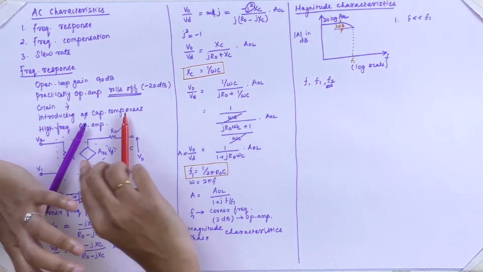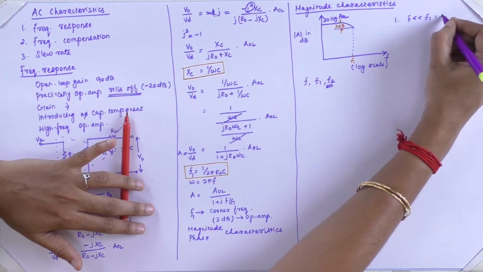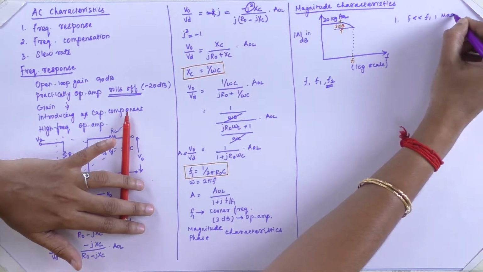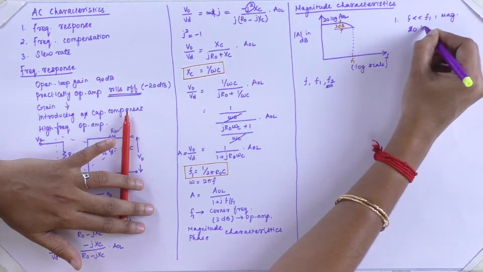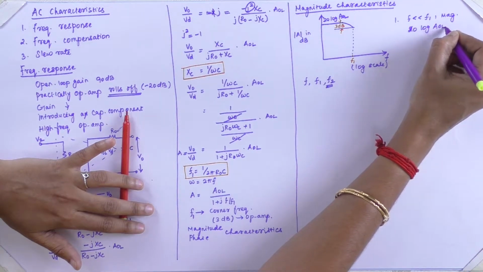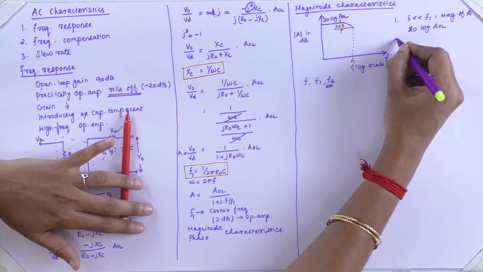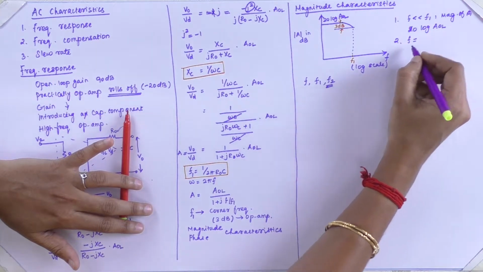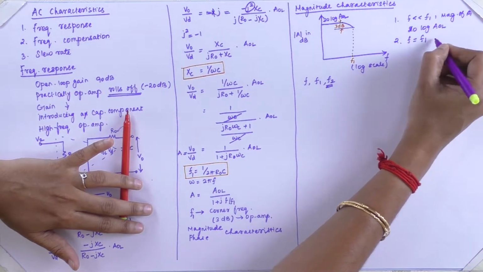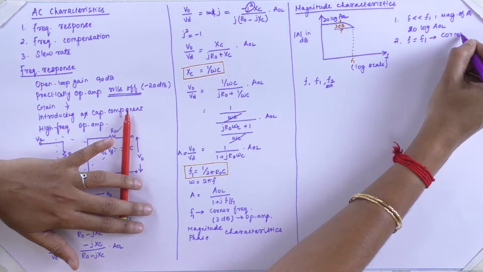Then the first condition, if it is less than this, the magnitude of gain A is equal to 20 log AOL. That's the open loop gain, the magnitude of gain A. Then the condition when your frequency F is equal to F1: this F1 we call the corner frequency.